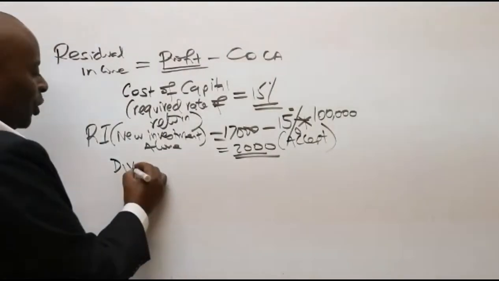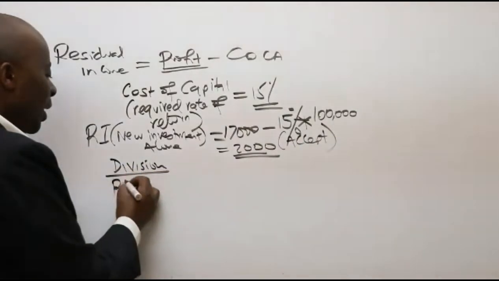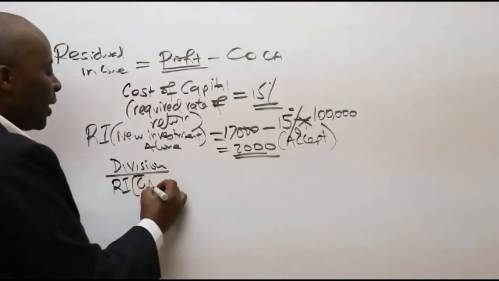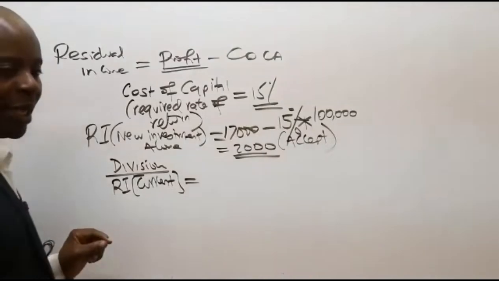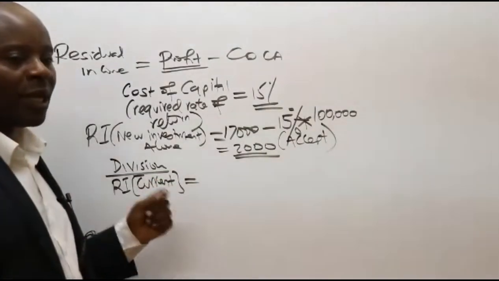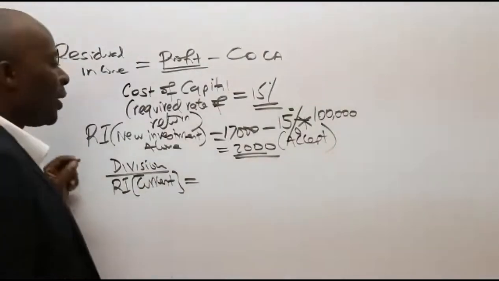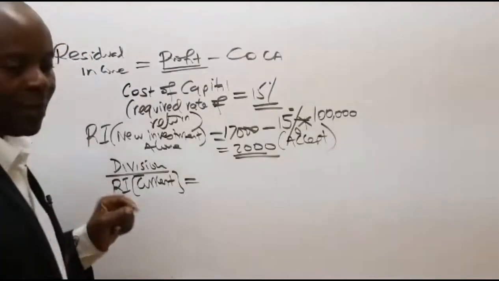Now, please go to the division. For the division, first I would want you to give me the residual income for the current situation, without bringing in any new investments. What is the current profit that this division is making?